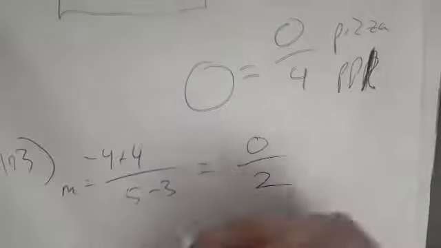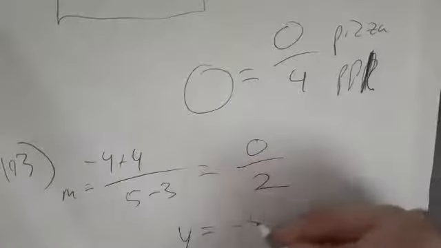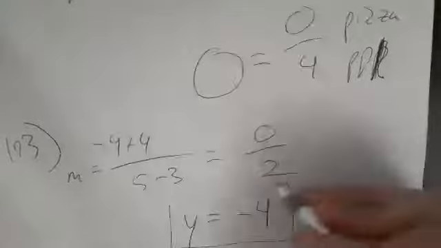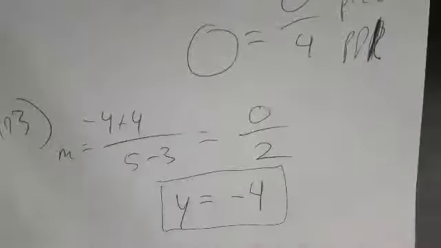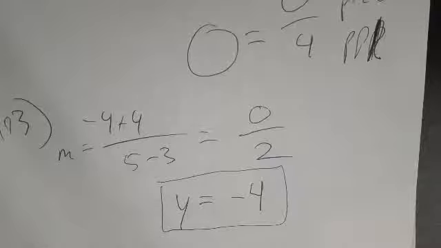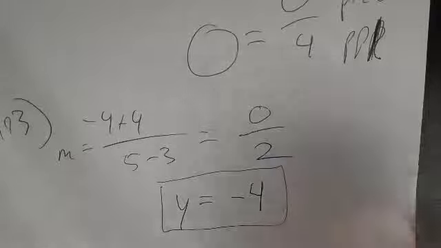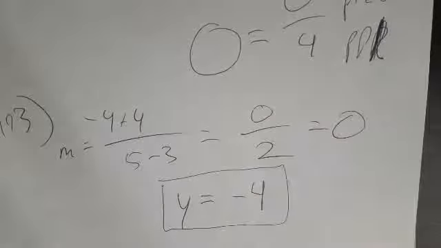And so hopefully you notice the y values are both the same. It looks sort of analogous, but we have a 0 slope and we have a y equals line with this one. So 191 was the undefined slope. That was the x equals line. 193 was the 0 slope.